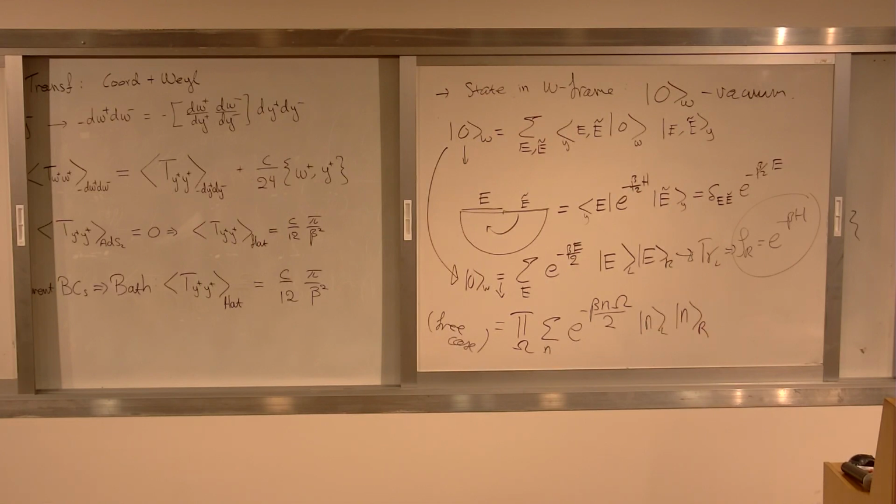Let me draw it here. This is plus infinity. This is psi bra. If I glue this part to this part, then I'll just get 1. To compute this quantity, you first need to compute rho A. Let's say that A is this region here.